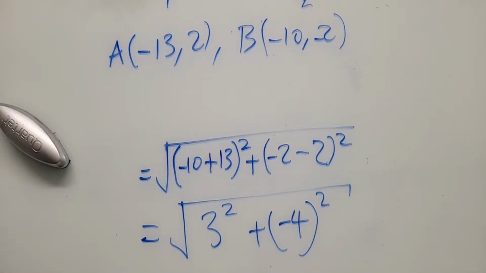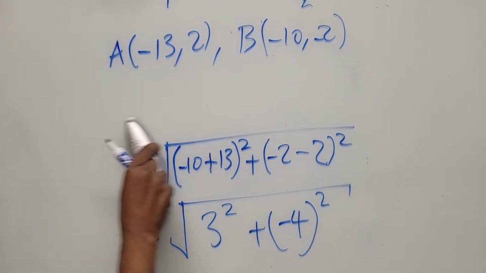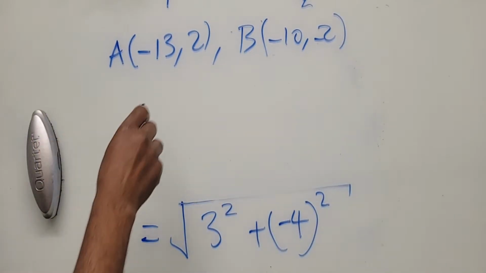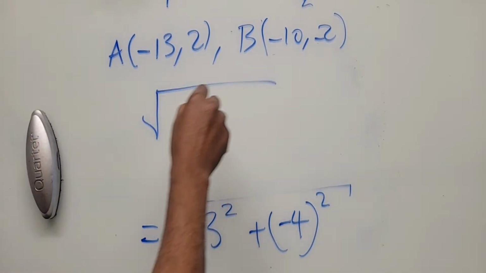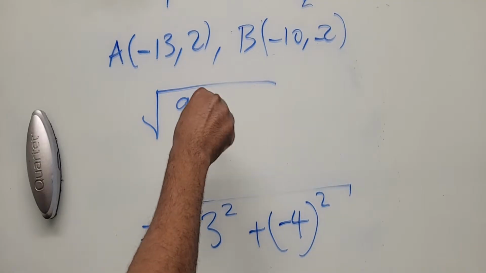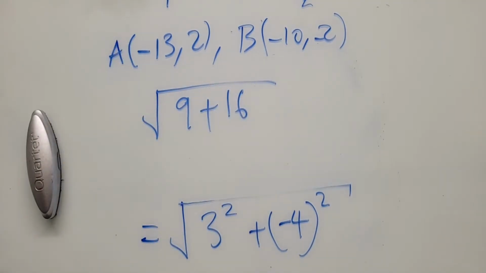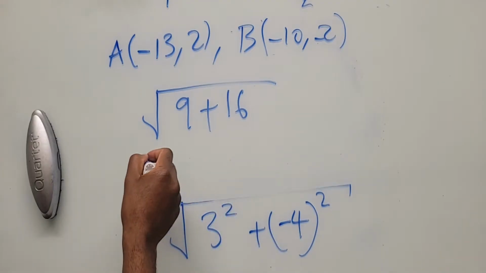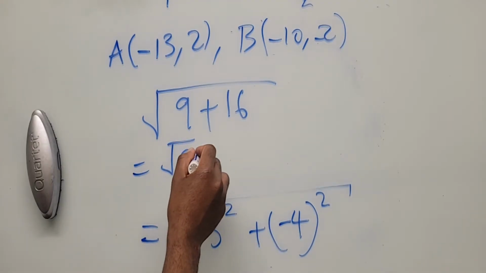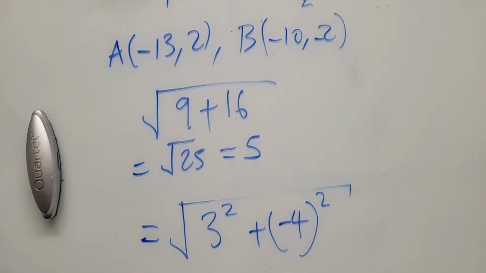So this is the square root of 9 plus 16, which is 25. So the square root of 25 is 5. So the distance between the points A and B is 5.